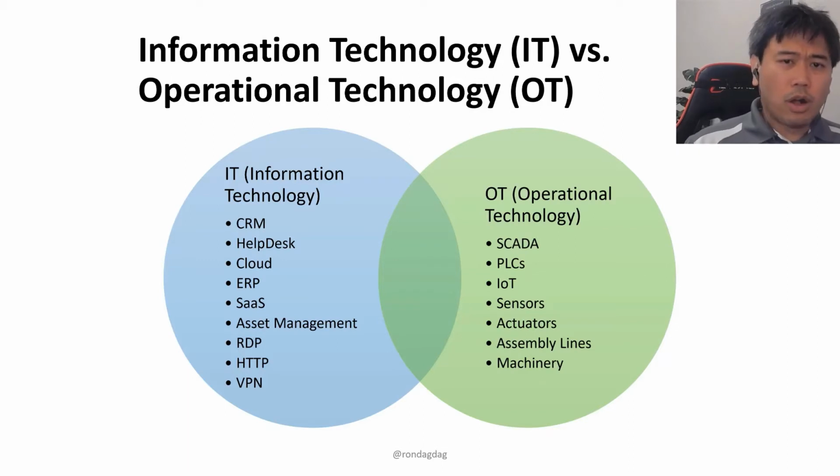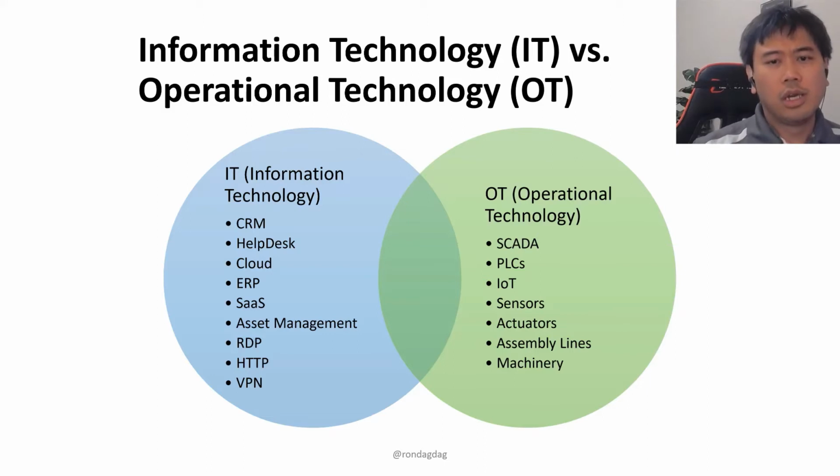Of course, we're all familiar with IT, which is information technology. But there's also a part of this that you have to merge with operational technology. So what's the difference between the two? Information technology is when we talk about CRM, help desk, cloud, ERP, software as a service, a lot of the things that we're familiar with.